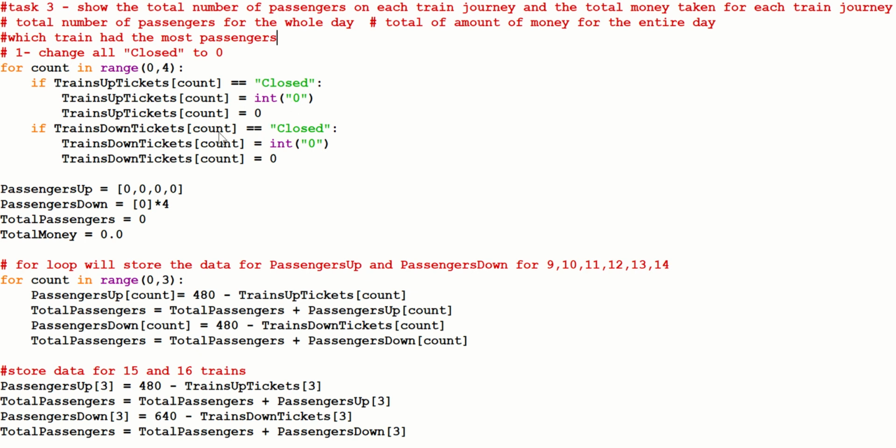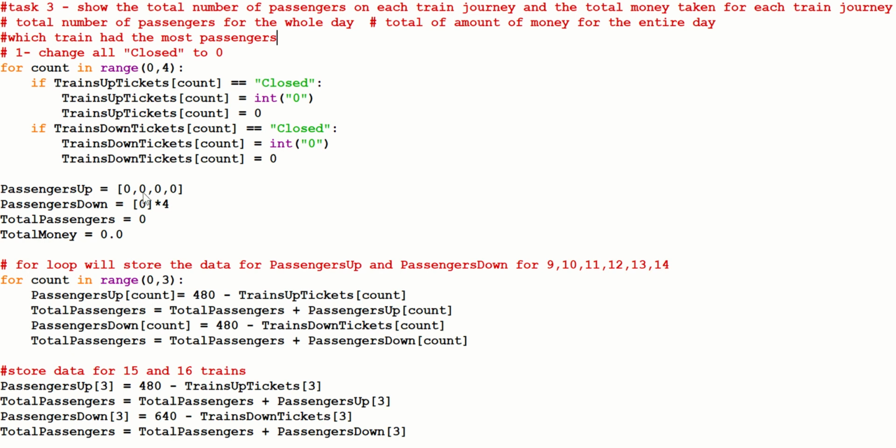If trains down tickets count is 1 and it equals closed, then it equals the integer 0. So closed turns into an integer 0.